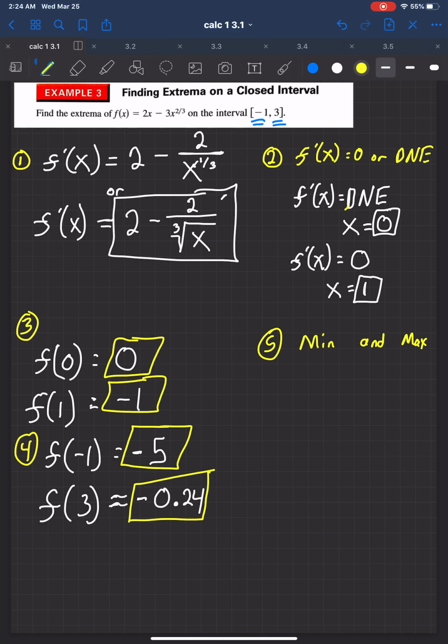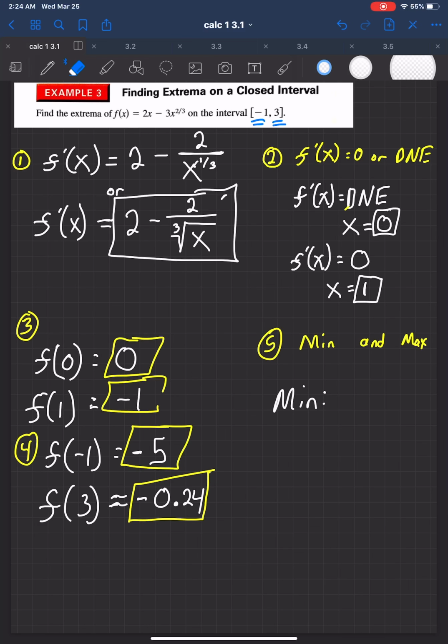Use what I've boxed in, those 4 y values. And we'll start with the minimum. So what's the smallest number out of those 4? You got it, -1. That's the smallest y value. Oh, did I really just do that?